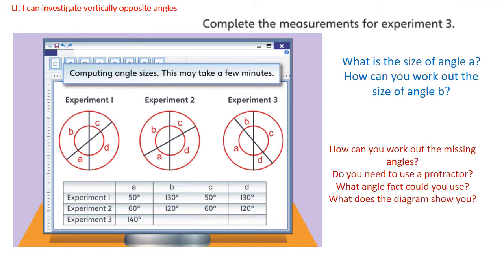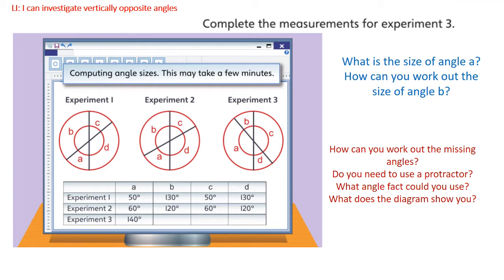If we look at angle A and B, they are both on a straight line. Can you remember what angles on a straight line add up to? All right, 180 degrees. So A plus B equals 180 degrees. So if angle A equals 50, then angle B must equal 130.